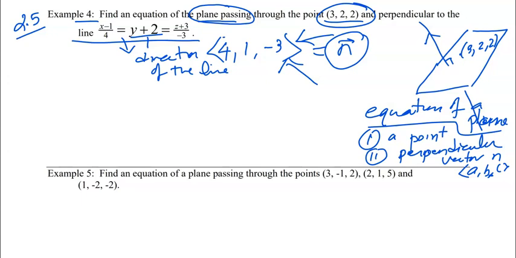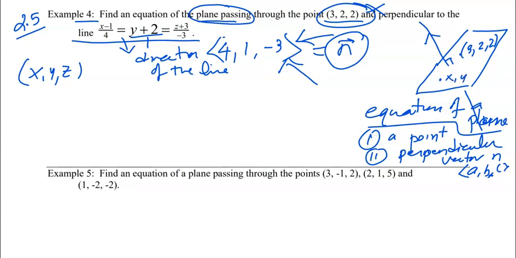So you can figure out the equation like this. This is one point, so let's say (x, y, z) is another point on the plane.